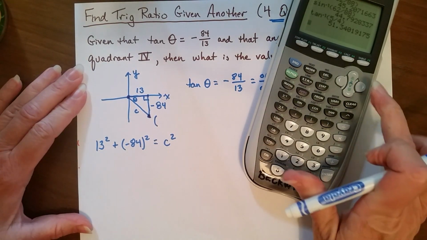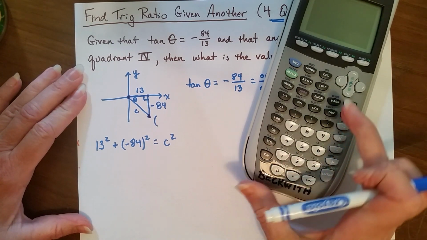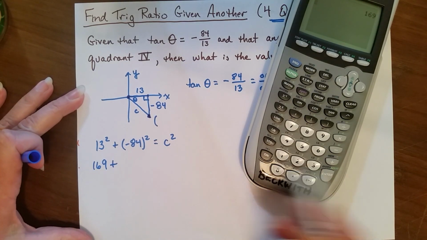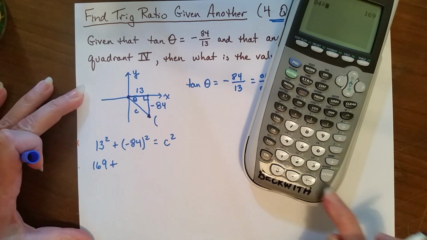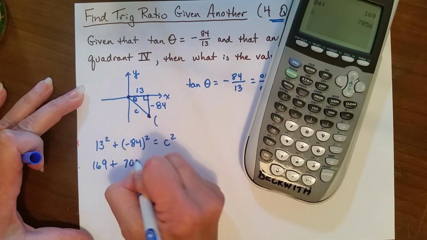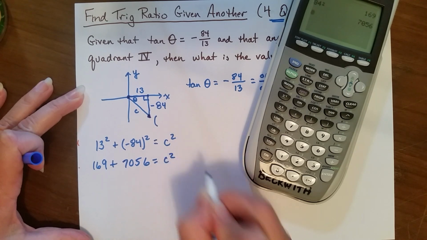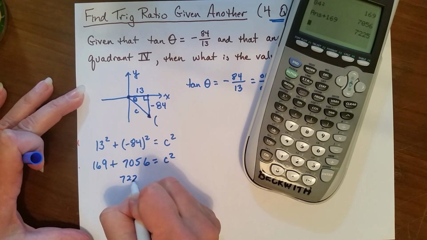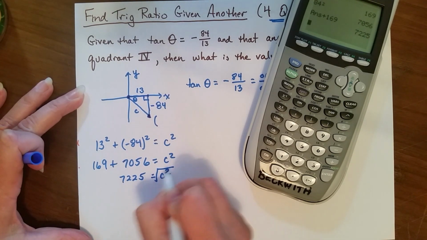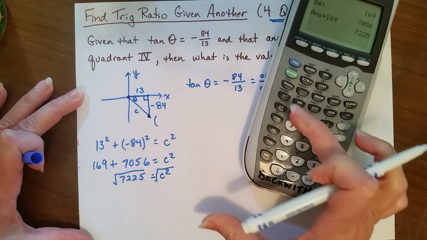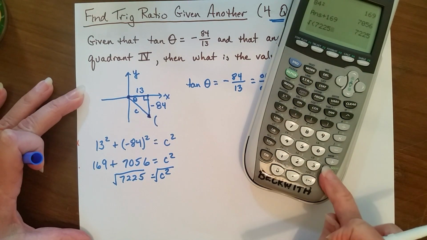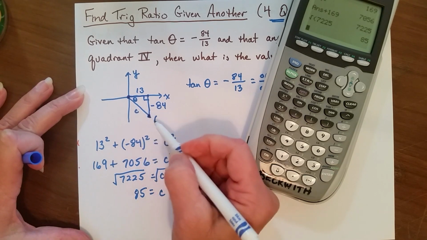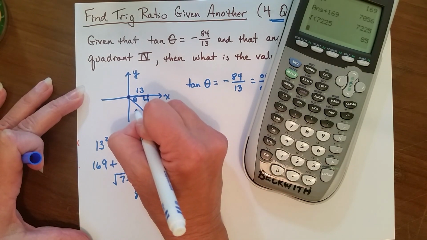And we know that 13 squared is 169, but let's just verify. 13 squared, 169, plus, I'm just going to type in 84 squared, 7056, and that equals C squared. So 7056 plus 169 is 7225. Now I'll take the square root of that number. Square root 7225. Okay, I get 85 for C. Now, you can just make that a positive 85.